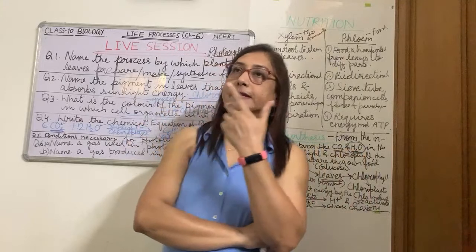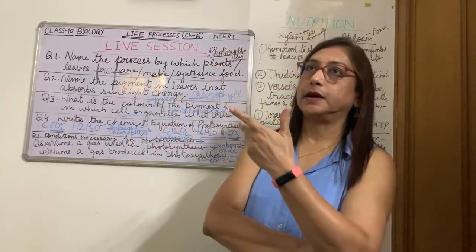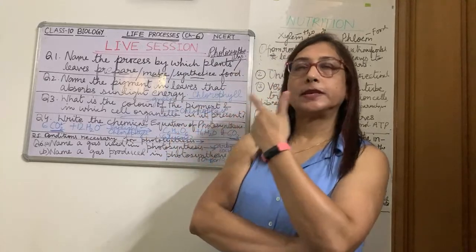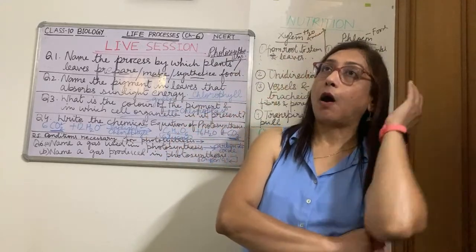See children, there is 78% nitrogen in the atmosphere. So the plant uses that atmospheric nitrogen. But how?